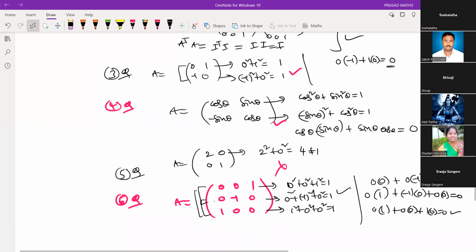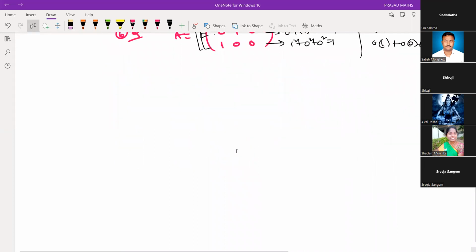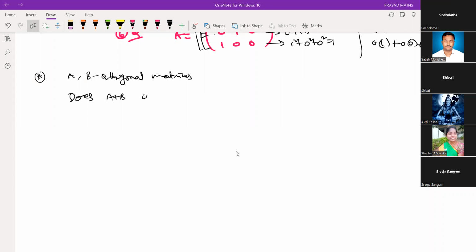Next, look at the algebraic properties. Suppose A is orthogonal and B is orthogonal. Both are orthogonal matrices. The question is, does it mean that their sum is orthogonal?